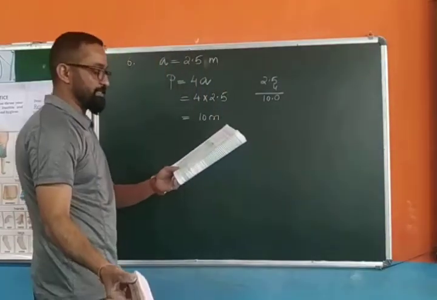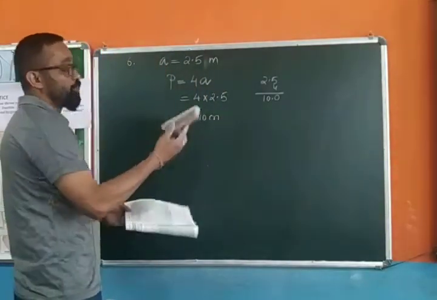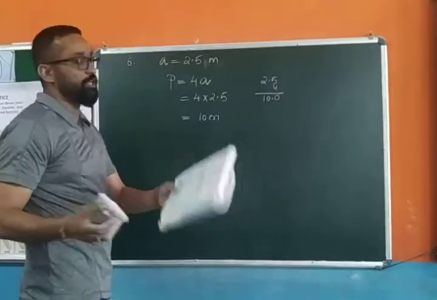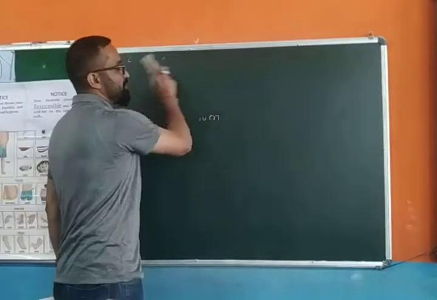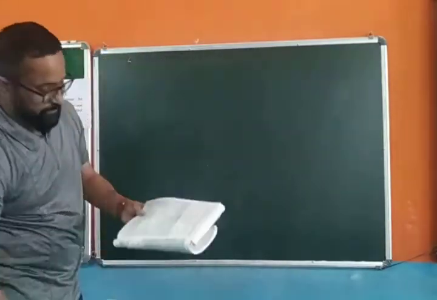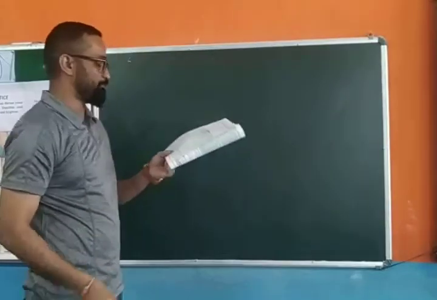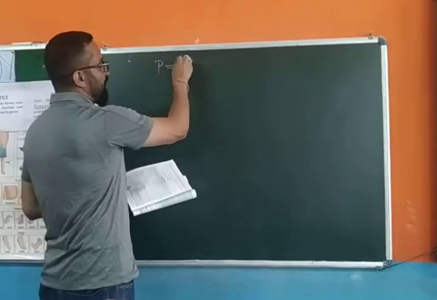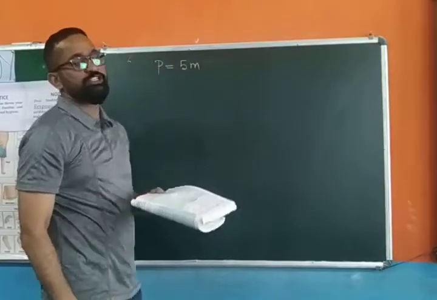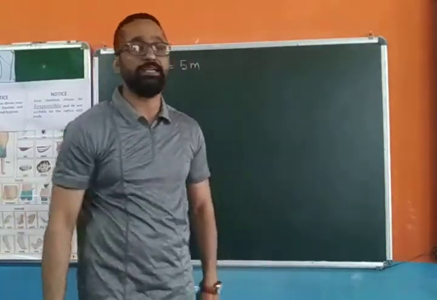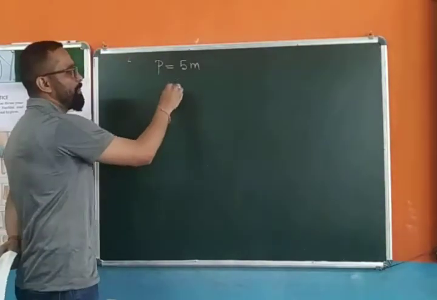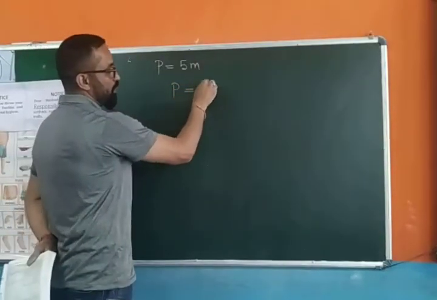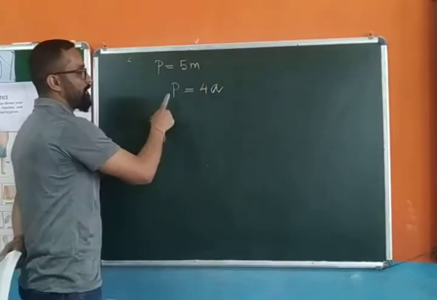Question number 7 is similar. It says find the side of a square whose perimeter is given. Let's do one calculation. Perimeter is given, which is equal to 5 meter. Question says calculate the side. So we write down the formula: perimeter is equal to 4A.